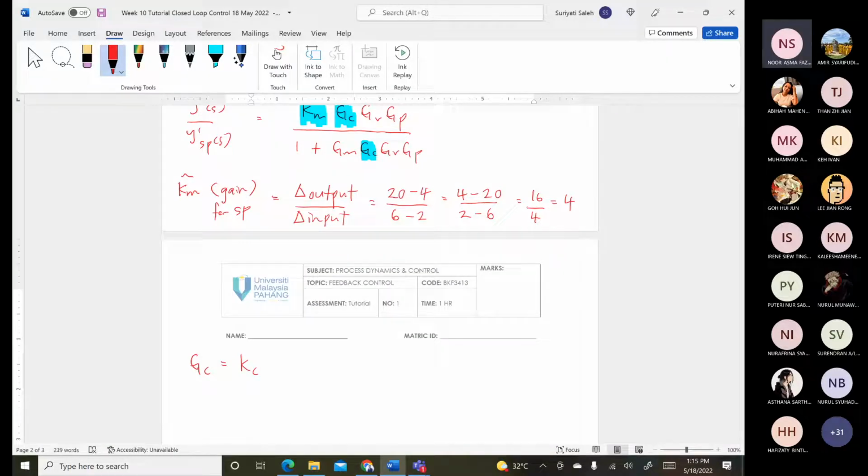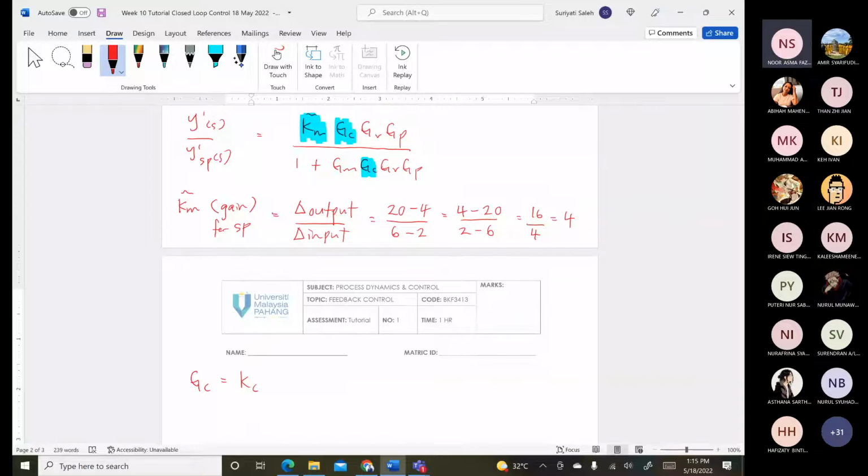In this case, the value KC is not given, so do not assume yet. Do not assume KC equal to 1 or KC equal to 10. Just leave as it is. So GC equal to KC, we complete that.